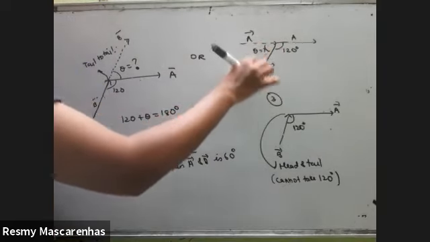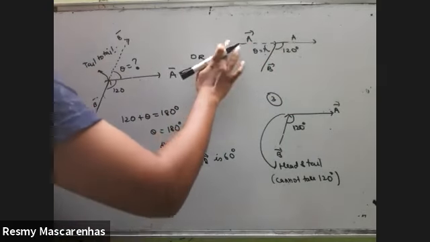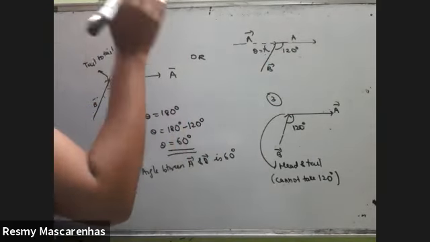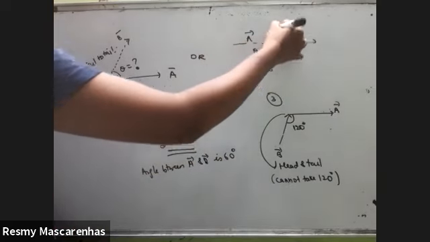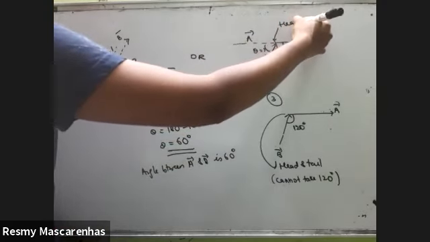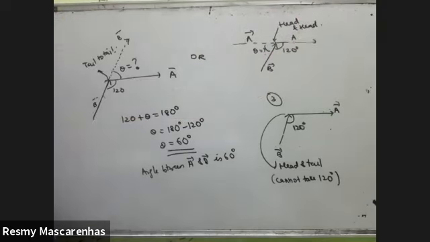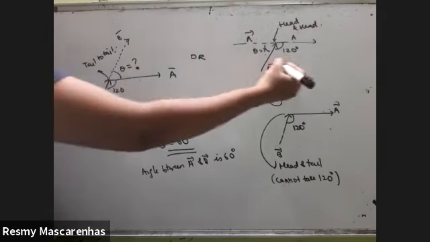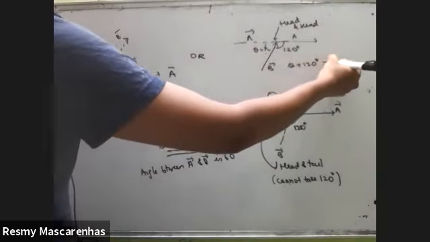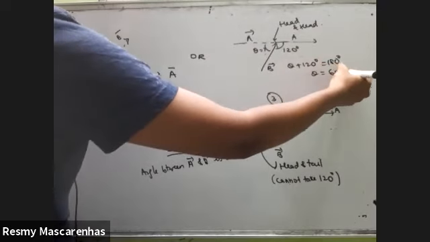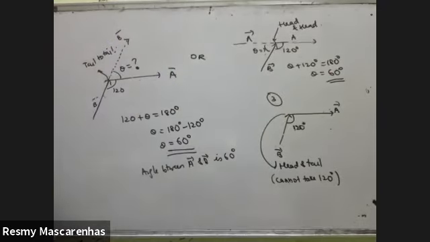I want to find what is the angle between A and B. Here now head to head became. The same thing. Theta plus 120 will give me 180. So theta will be 60 degrees. Both the cases, whichever vector you want to shift, you can shift. And then you'll get angle same.